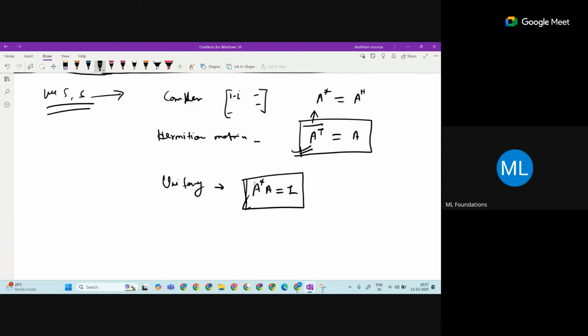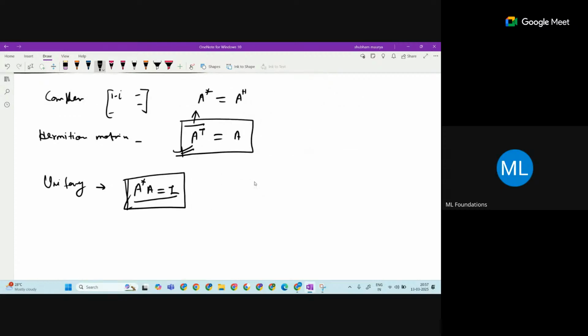If your entries are real, the Hermitian becomes a symmetric matrix, and the unitary becomes an orthogonal matrix. You have already seen all these.